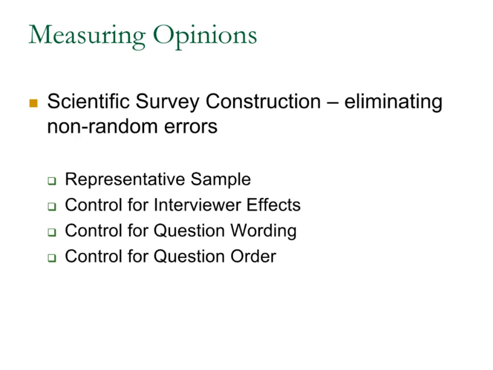And so what professional scientific survey construction is about is constructing it to eliminate as many of these non-random errors as possible so that the surveyor can get the most accurate picture possible. The four elements of scientific survey construction are a representative sample, control for interviewer effects, control for question wording, and control for question order. Let's look at each of these in turn.